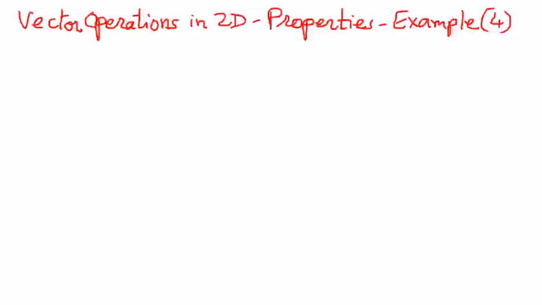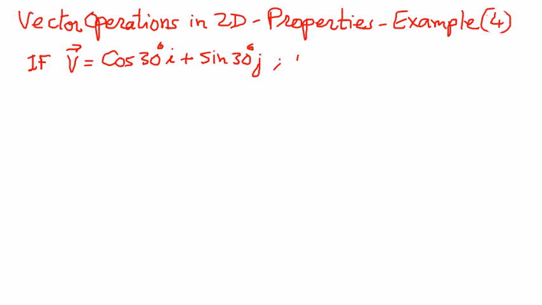In this example, let us say we have vectors, and V is a vector which has components as follows: cosine 30 degrees i plus sine 30 degrees j, and W is another vector which has cosine 60 degrees i minus sine 60 degrees j.